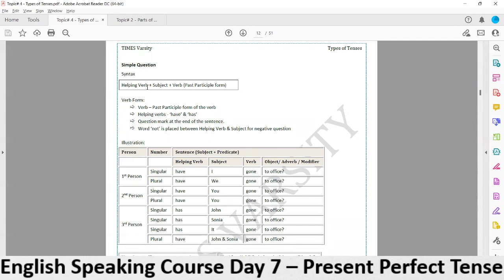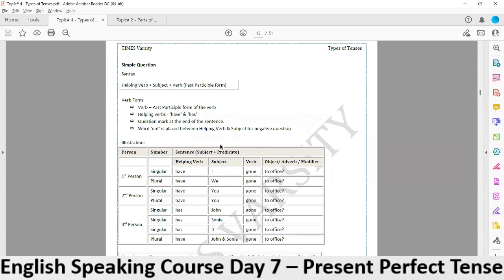This is what we have seen in present indefinite as well as in present continuous. So the same rule: for a simple question, first comes the helping verb, then the subject, then the verb. And since it is present perfect tense, the third form of the verb, the past participle, is used. The helping verb, of course, is has or have. Since it is a question, there should be a question mark at the end of the sentence. Then the word not is placed between the helping verb and the subject for a negative question.